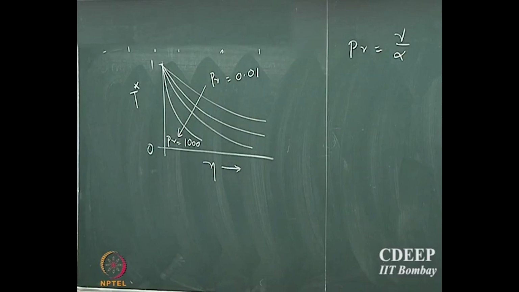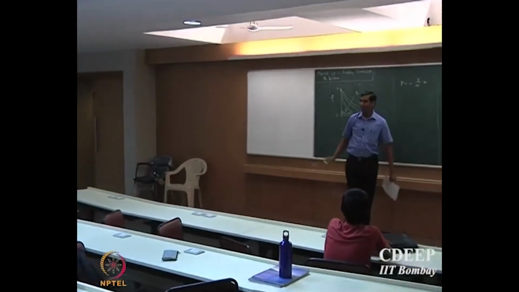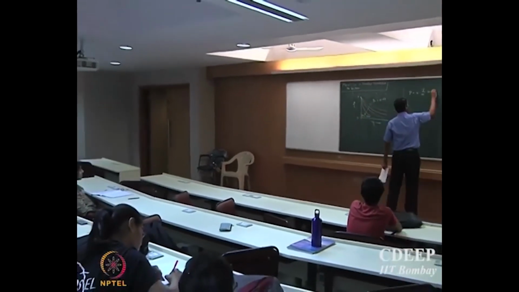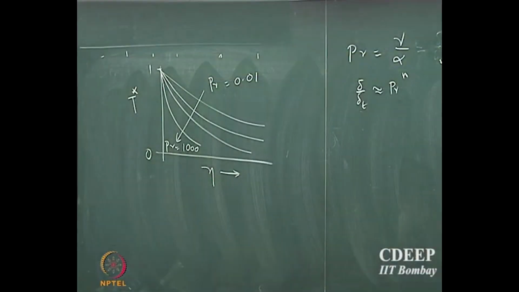Momentum boundary layer is more important. This is a ratio of delta over delta t. Rather, I should say delta over delta t approximately scales as Prandtl number to the power of n, right? So when Prandtl number is very large, the thermal boundary layer thickness is very small.